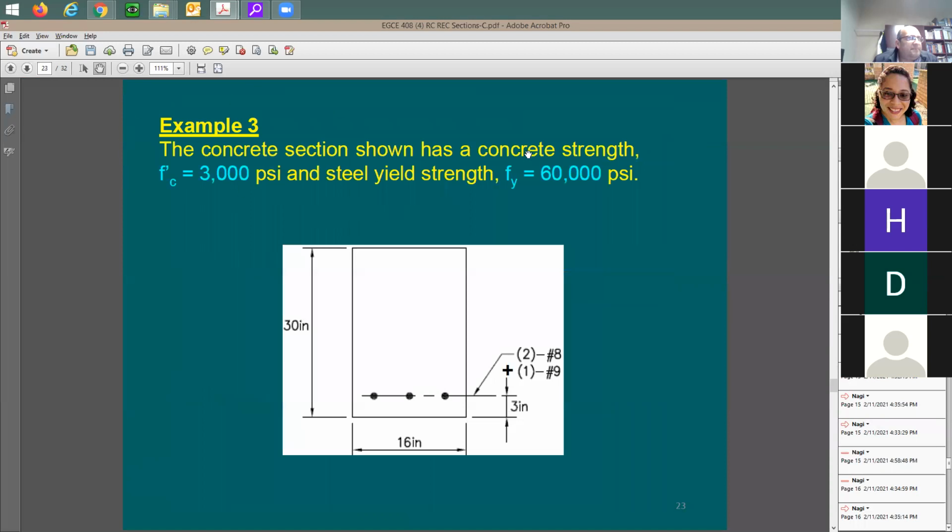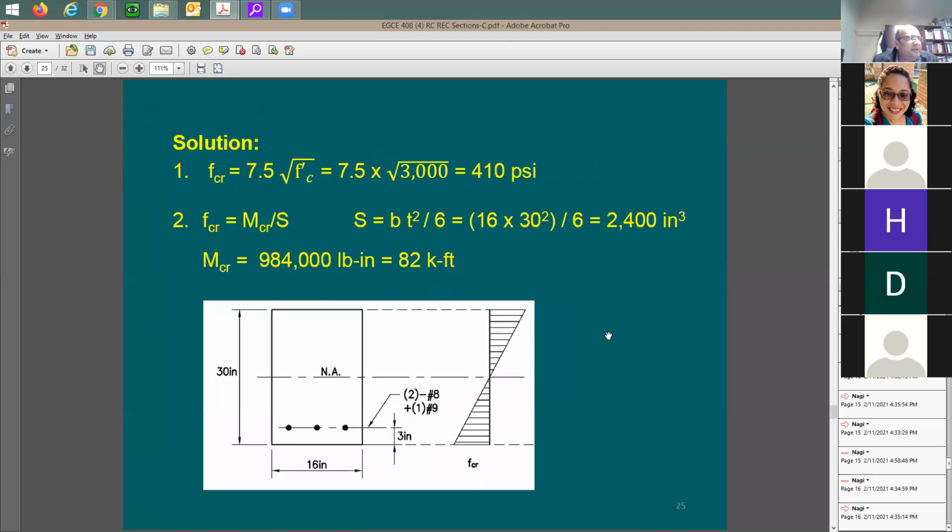Another example here. It says a concrete section has a strength of 3,000 and the steel is 60,000. What I have, instead of having 3 number 8, now I have 2 number 8 and 1 number 9. And is this possible? You can say, yes, it is possible. How about AS? How can I do AS? You can say, here's AS.